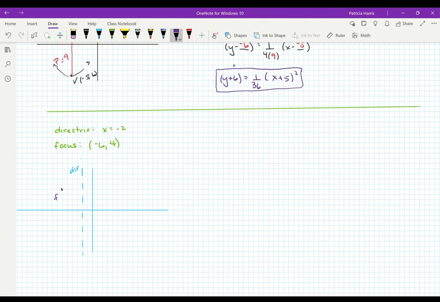Let's double check: 1, 2, 3, 4, 5, 6. I know that my parabola has to go away from the directrix and around the focus. So according to this diagram, my parabola opens left. So 1 over 4p, when I'm all done, will be negative.